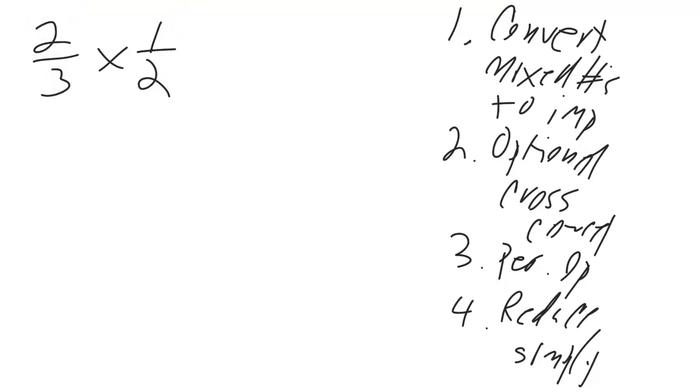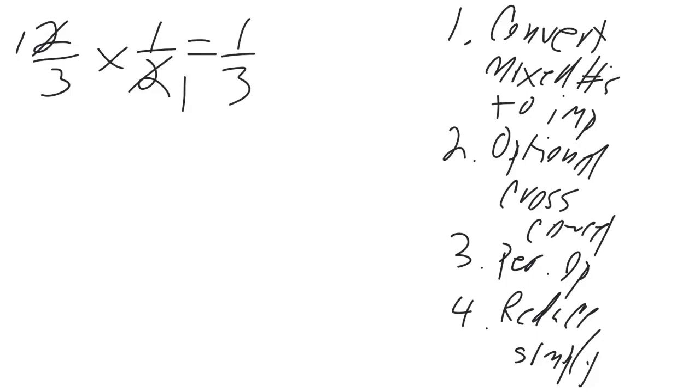So when you do cross-canceling, I could say 2 goes into 2 one time and 2 goes into 2 one time. So we just cross that out, makes that 1. All that does is make the math easier, because now we're doing 1 times 1, of course, is 1, and then 3 times 3, which is 3.